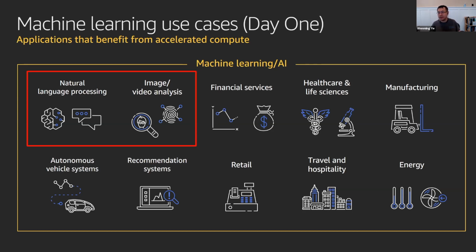Healthcare and life science, typically there's a lot of research that happens in this field, and that definitely is a field where deep learning is being applied. Manufacturing is always about scale. When you are doing things at scale, every little penny counts. So being able to apply machine learning and deep learning to optimize your manufacturing process is another great area to be applying machine learning to.